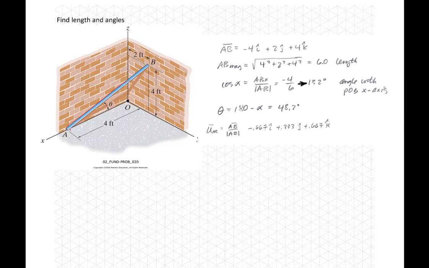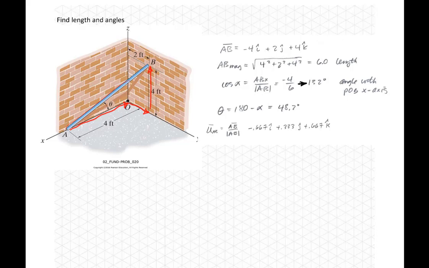So I'm going to start here. I'm going to go from A, go that way in the I direction. So that would be -4 in the I, +2 in the J, and +4 in the K. When I do that, I get a vector description of AB, Cartesian description of AB.